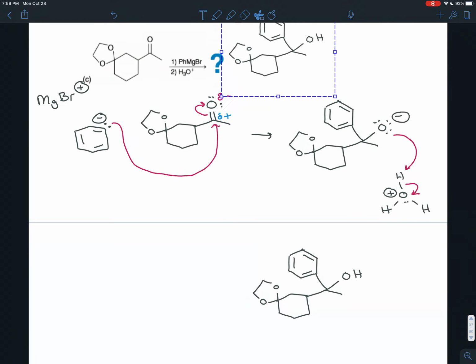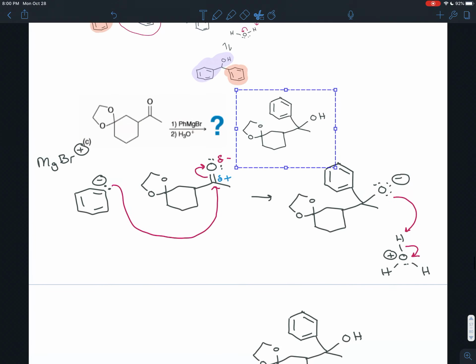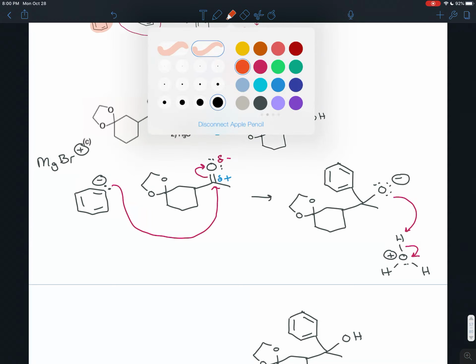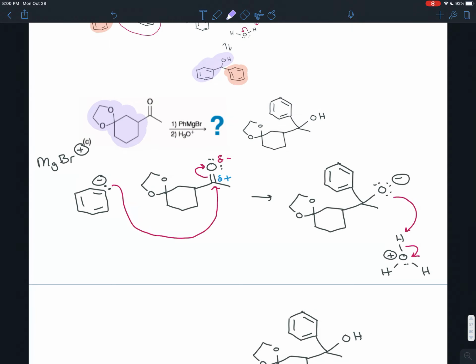If you compare it, we have the carbon chain that's exactly the same. The ketone has turned into an alcohol, and we've added our carbon nucleophile onto the carbonyl carbon.